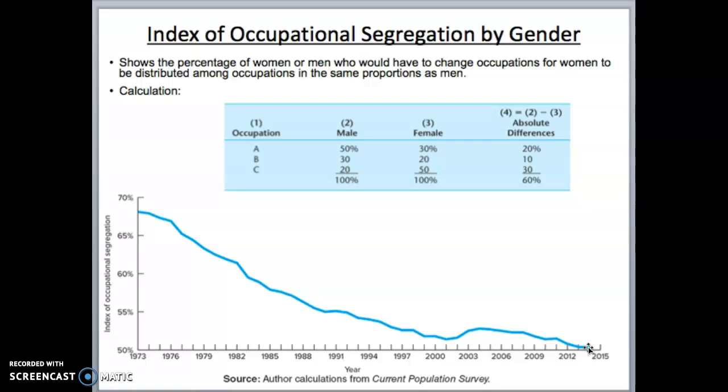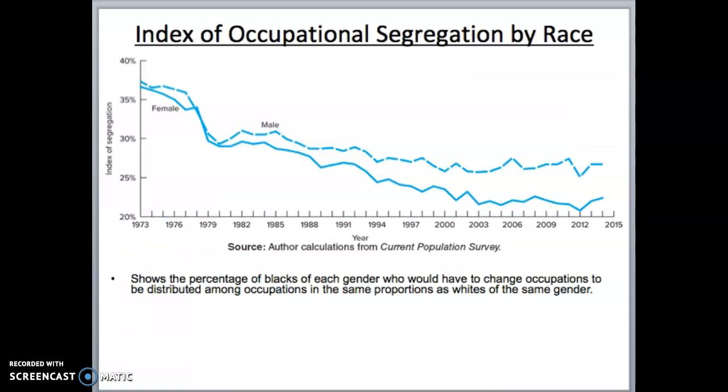And if that's the case, and we're okay with those individual choices, then we may have a higher index of segregation, but it may not be a problem. So don't automatically assume that a higher index of segregation is a bad thing, and a lower index of segregation is a good thing. It's just information that helps us understand what's happening and how that's changed over time.